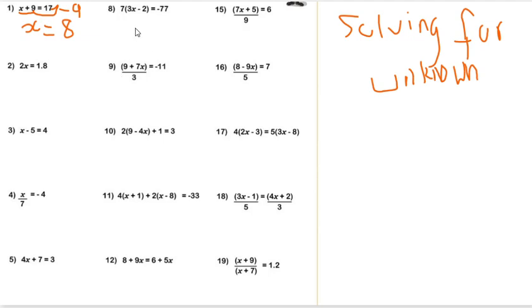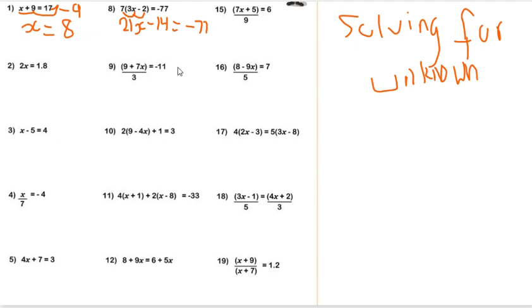Now, same thing with this one. What we have to do is first distribute the 7 to each term. So we have 7 times 3, which is 21x, minus 14 equals negative 77.